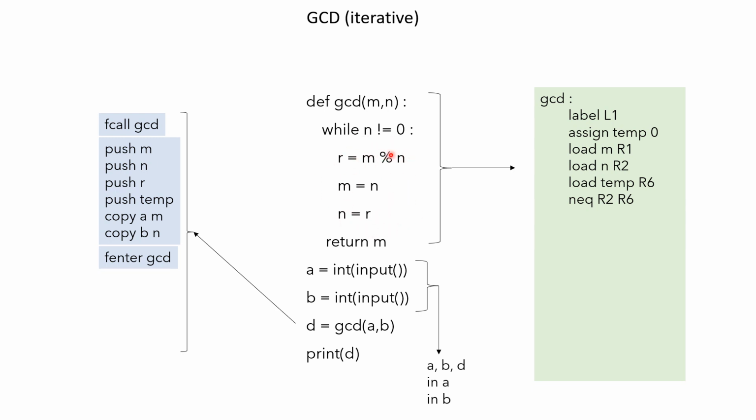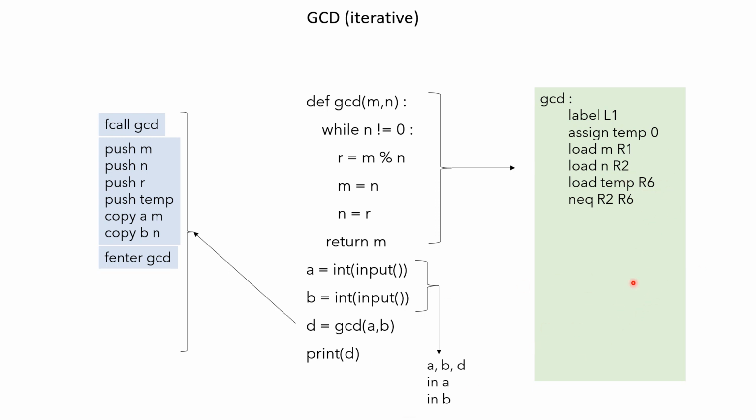So you need to keep repeating. Therefore you mark your point saying label L1 before you start the loop, and then you do the operations involved in the loop, and 0 has to be copied to temp so that it can be loaded onto a register at this particular point. And similarly m and n are being used, so m and n also have to be loaded. So this is what you are typically doing.